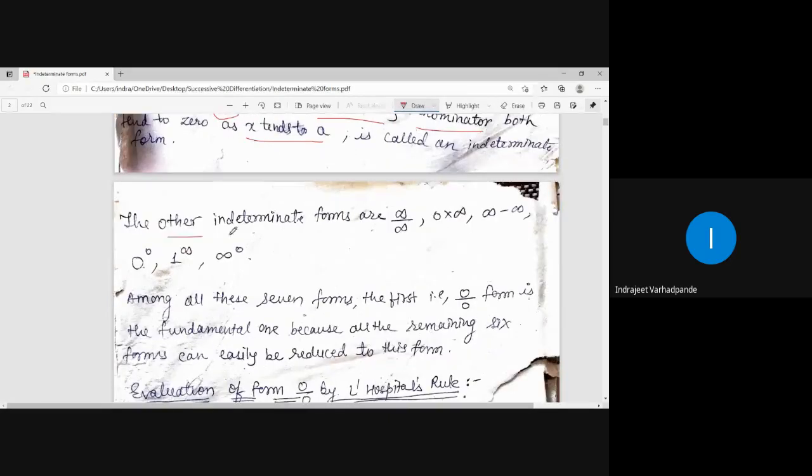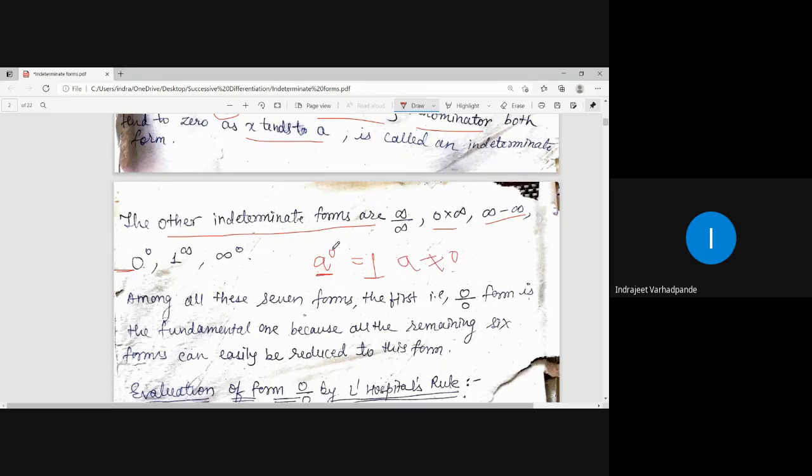The other indeterminate forms are infinity by infinity, 0 into infinity. See, infinity is not a known quantity, so we call it an indeterminate form. Infinity by infinity, 0 into infinity, infinity minus infinity, 0 to the power 0. Any constant to the power 0 is always taken as 1, but this is for a not equal to 0.